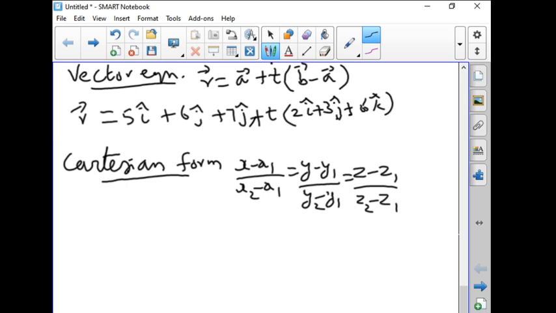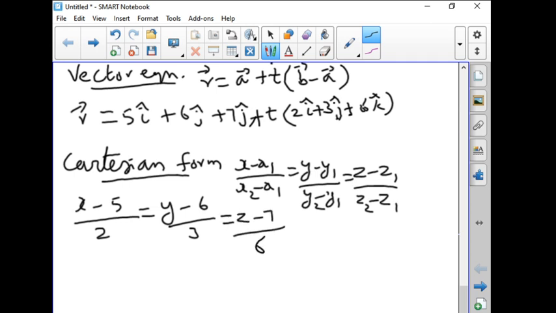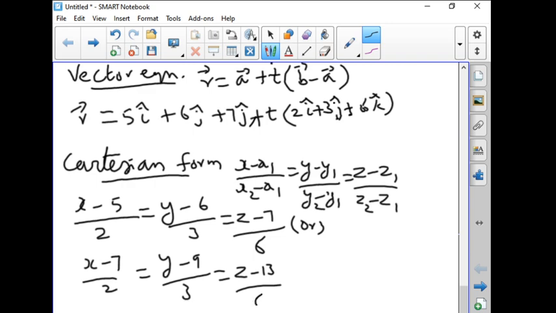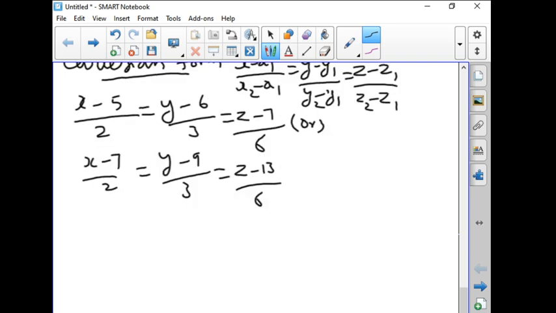So that is (x minus 5) by 2 is equal to (y minus 6) by 3 is equal to (z minus 7) by 6. Two answers are given in your book: (x minus 7) by 2 is equal to (y minus 9) by 3 is equal to (z minus 13) by 6. Okay children, thank you.